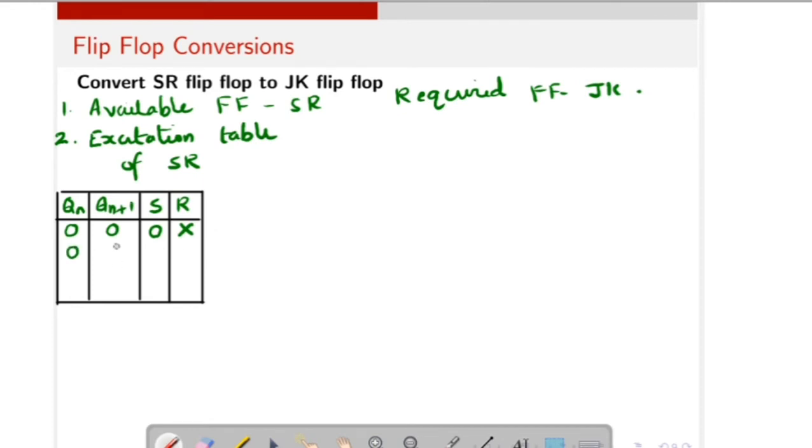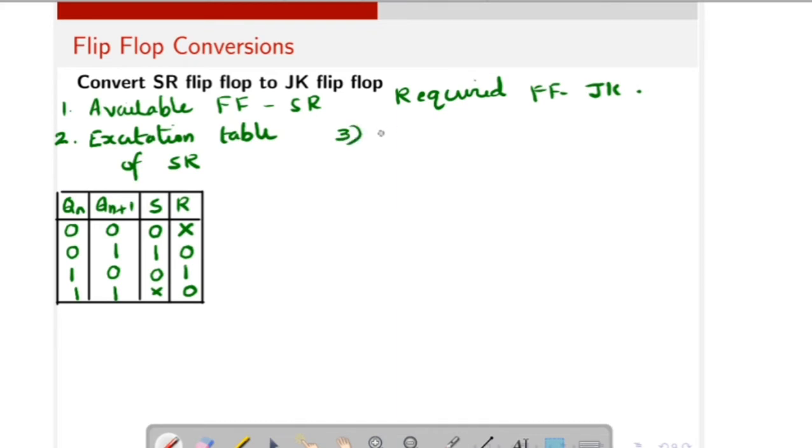Then Qn is equal to 0 and Qn plus 1 is equal to 1, then S is equal to 1 and R is equal to 0. Then Qn is equal to 1 and Qn plus 1 is equal to 0, then S is equal to 0 and R is equal to 1. Then both Qn and Qn plus 1 are 1, then S is equal to don't care and R is equal to 0. So this is the excitation table of the SR flip-flop.